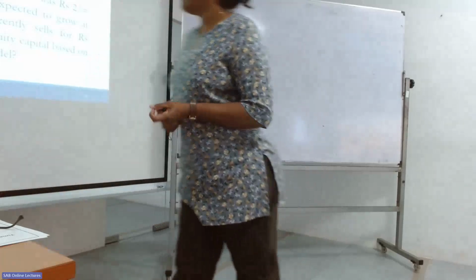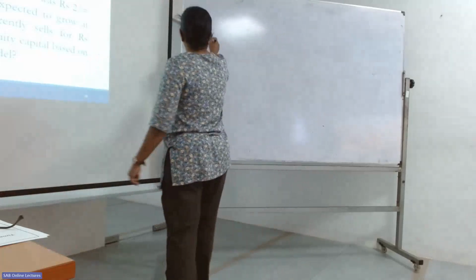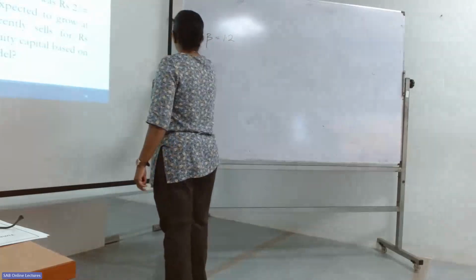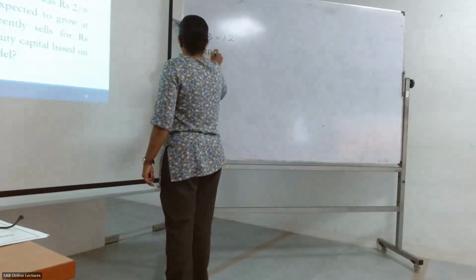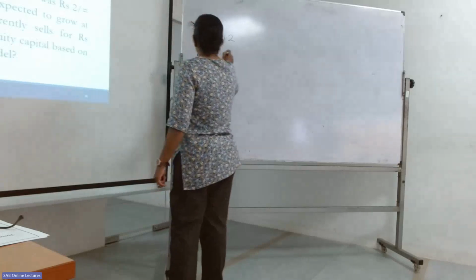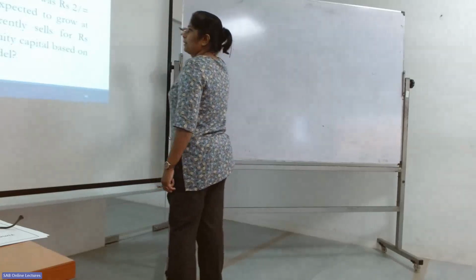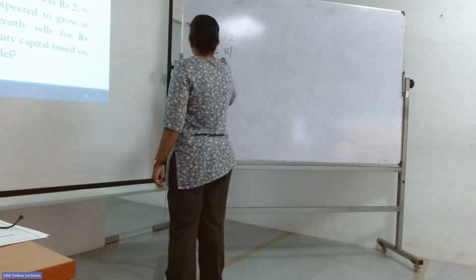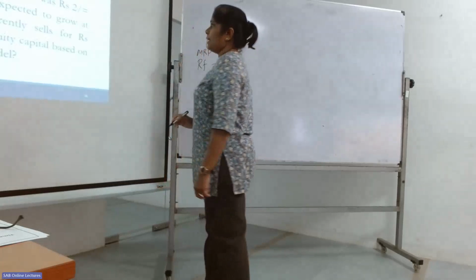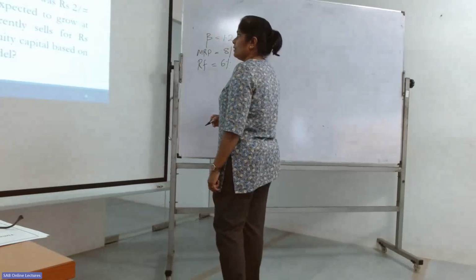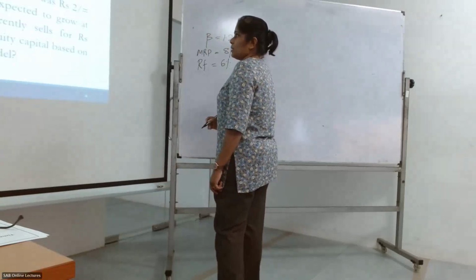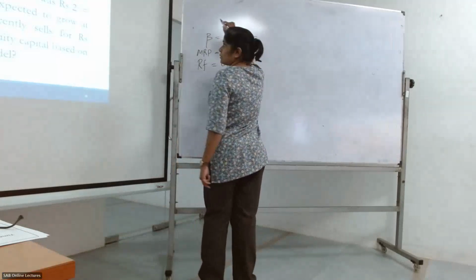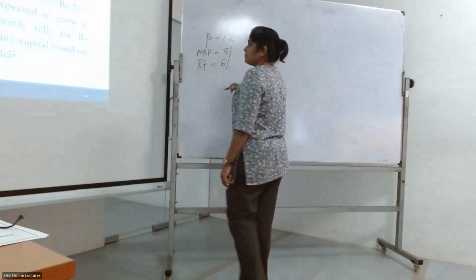The company has beta 1.2, and the market risk premium given is 8%, and the risk-free rate of return is 6%. For the dividend growth model, the last dividend means D0, 2 rupees per share.